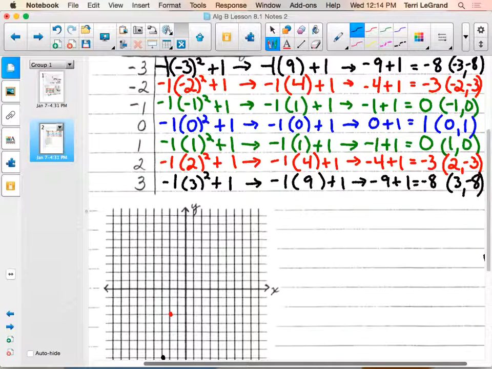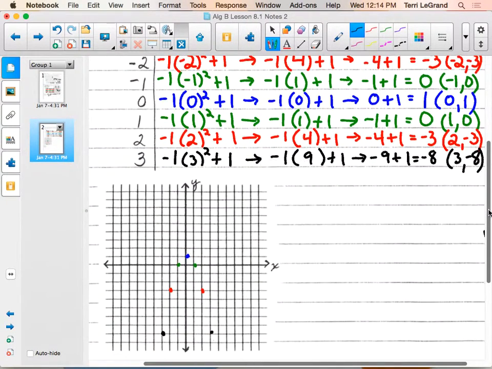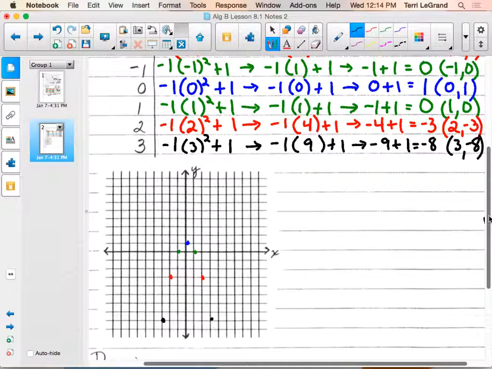So after you get all of your points graphed, you should have a nice U opening upside down. I'm just going to scroll a little bit here so I can draw my U with arrows at both ends.